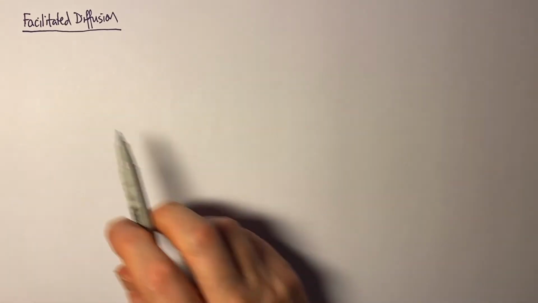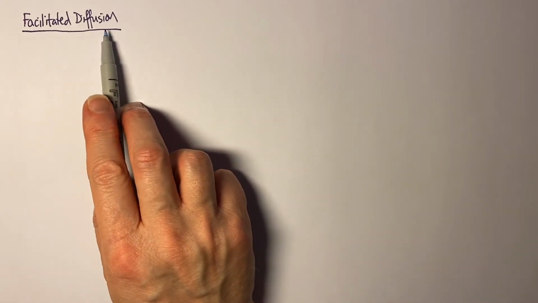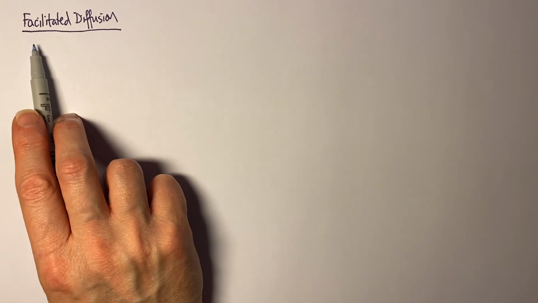So what membranes have in them, as we previously discussed, are proteins that can act as channels or carriers. And there's lots of different types. And these help diffusion to take place across the membrane. And so this is called facilitated diffusion. The word facilitated means helping.